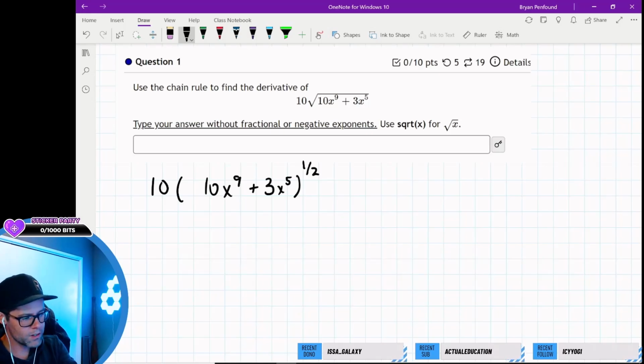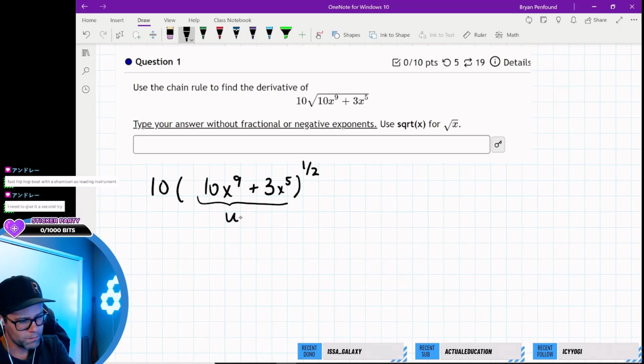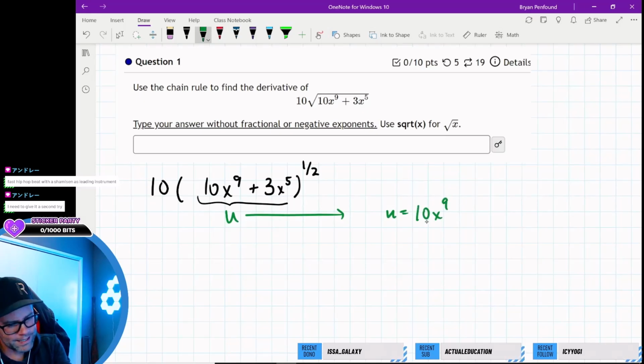I'm going to do that so that I can think about this. Ooh, this is fun. We can think about this as u, and maybe I'll write this in green over on the side. So let's think about u as 10x to the 9 plus 3x to the 5.